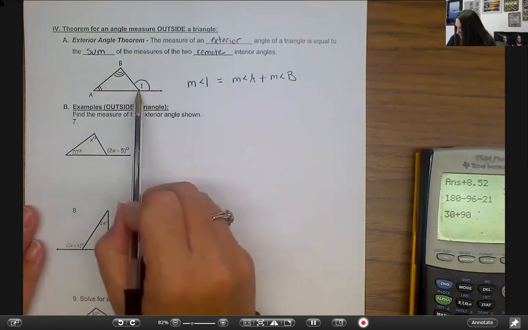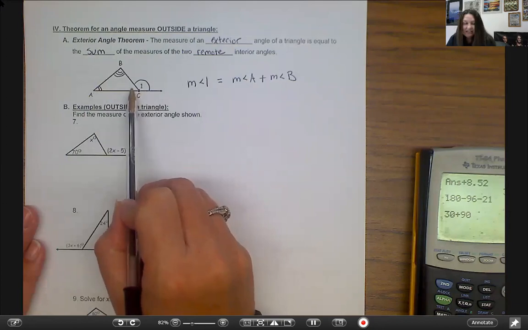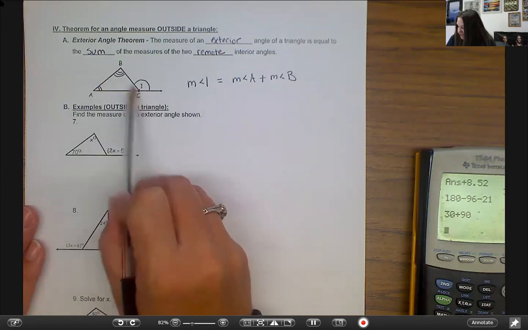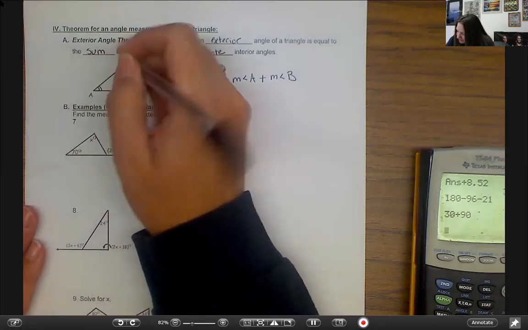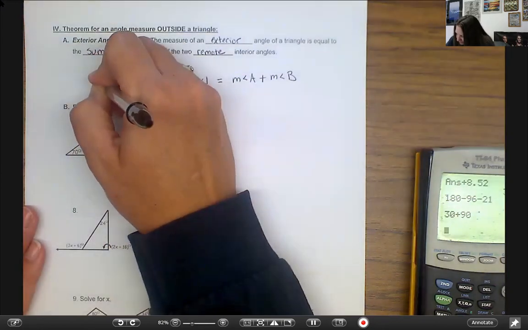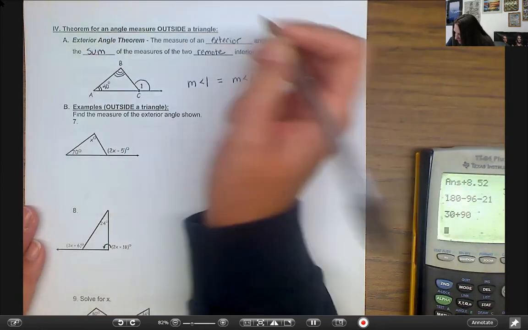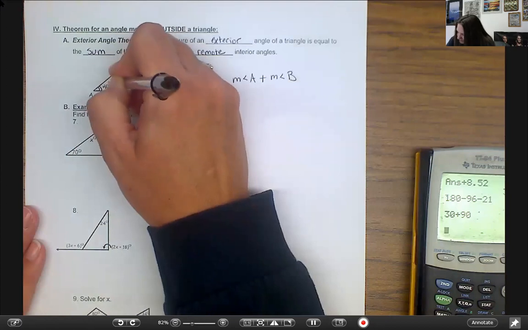The vertex here is at C, so that's connected to the interior angle at C. So don't use that one, you're using the other two. Now hopefully this makes sense to you if I give you some measurements to begin with. Let's say that angle A, I don't know, was 40 degrees, and angle B was 90 degrees.